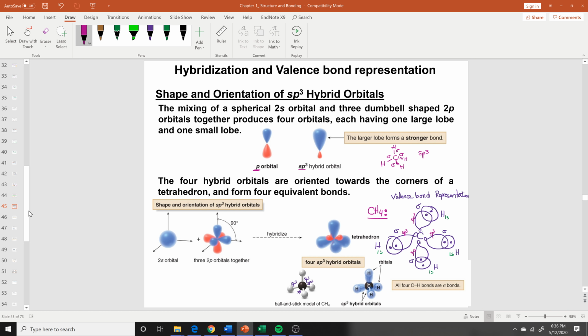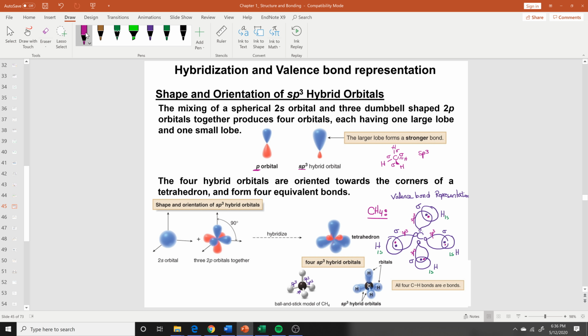Each one has 1 electron. So when these two overlap with each other, I should have drawn it like this. I'm just going to take this electron out, this electron out, this electron out, and this electron out, and simply put it like this, to show that I am forming a bond.